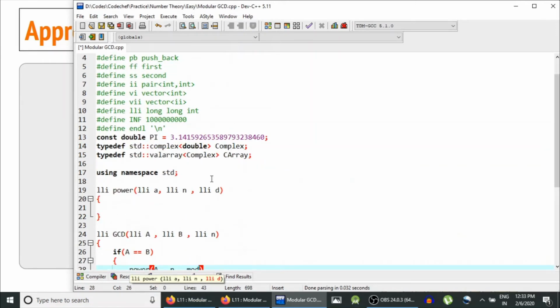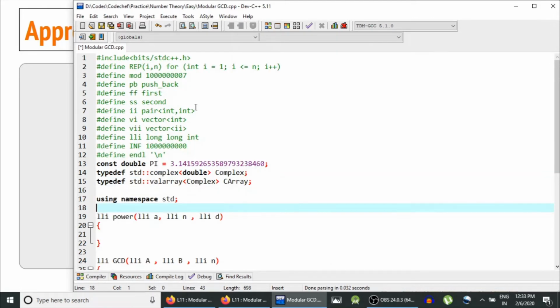You can define 10 to the power 9 plus 7 as a constant. I have taken it as a hash-defined preprocessor directive, and I always call it mod.